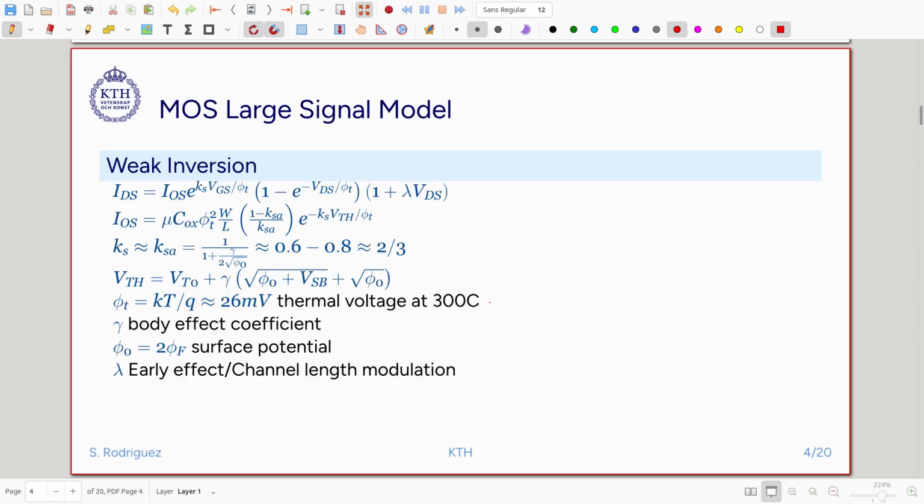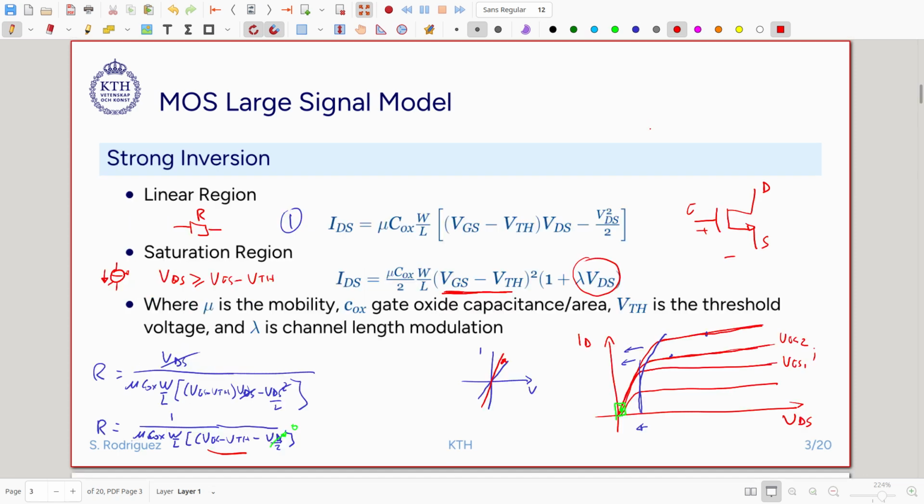Now in weak inversion, we have that VGS is lower than VTH. Okay, so in the previous example in saturation, we have that VGS is larger than VTH.